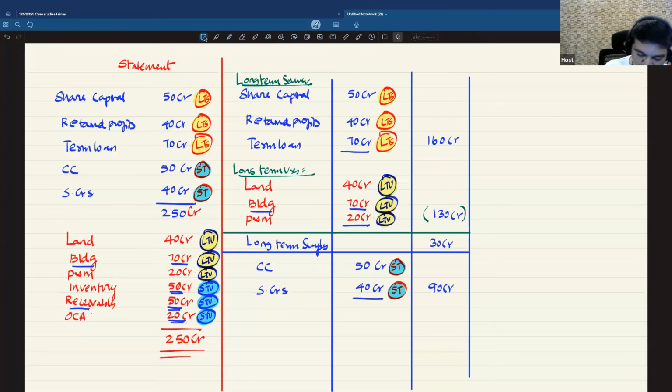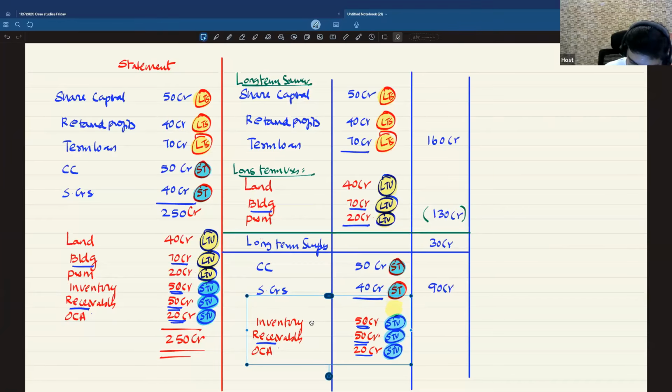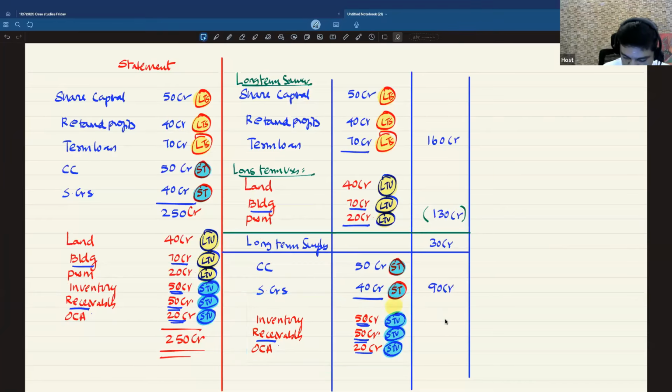Okay. And let us also look at their short-term use. Look, they have short-term use over here. This is their short-term use, and let me put that over here. So here we have the short-term use. Their short-term uses, let me put that in bracket to understand it is a usage. Their short-term use is actually 50 plus 50, 100 plus 20, 120 crore.